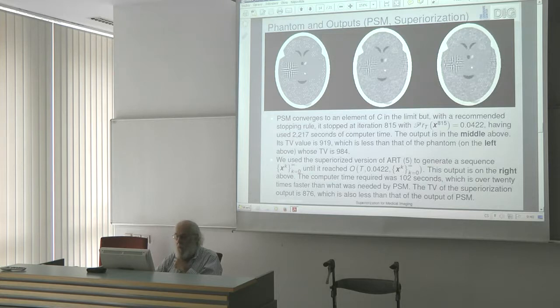And the TV value at that time was 919, which is good because it's better than the TV value of the Phantom. We are trying to minimize TV, so we should be able to beat the TV of the Phantom.